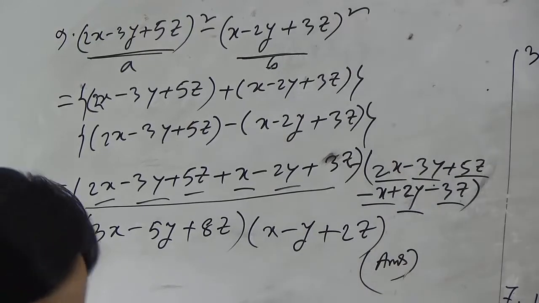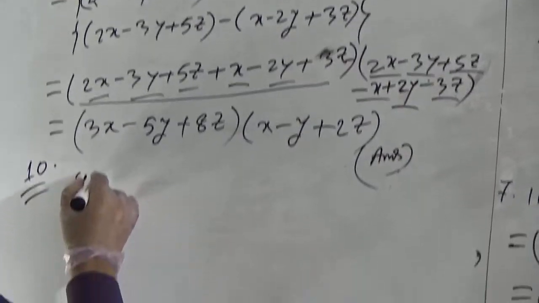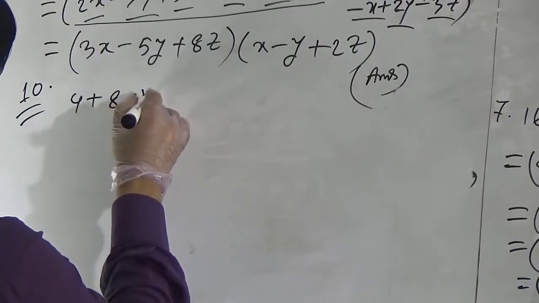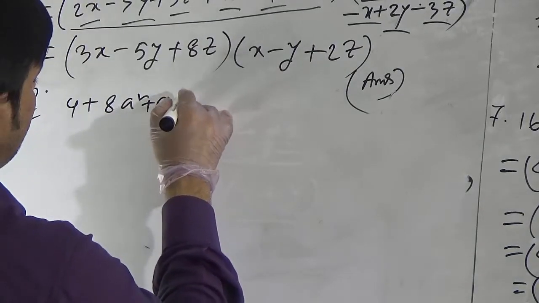Now I will solve question 10. Question 10 is 4 plus 8a square plus 9a to the power 4.